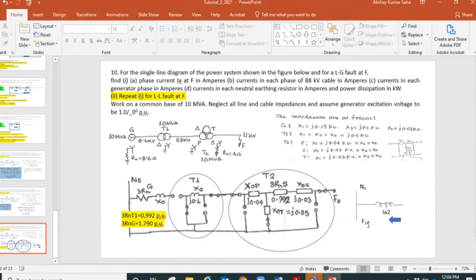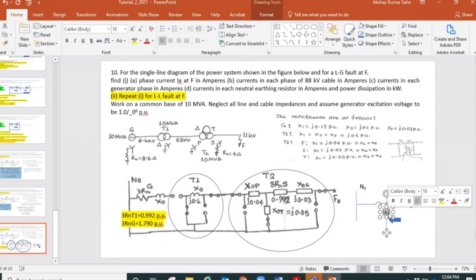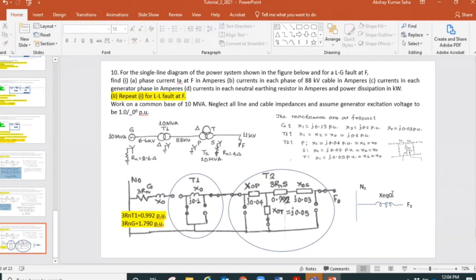Neutral bus, and this will be F0, and this is the equivalent X equivalent 0, and this is what we need to know. What is the X equivalent 0? Who can tell me that value? That is what we are looking for at the moment.